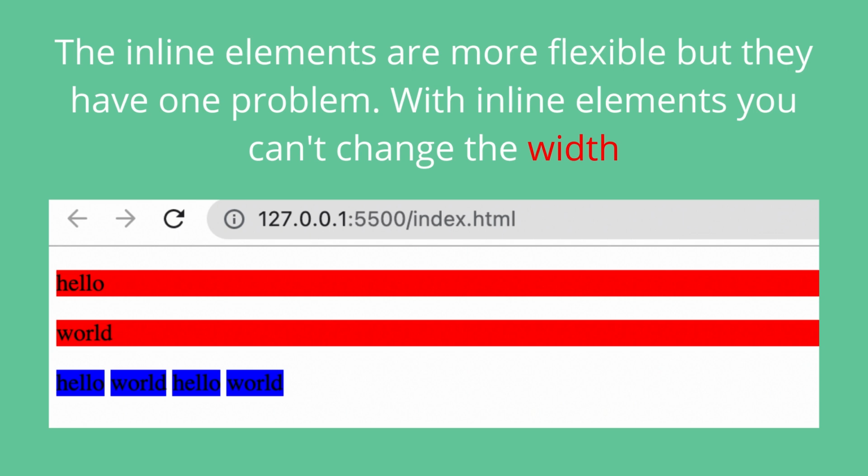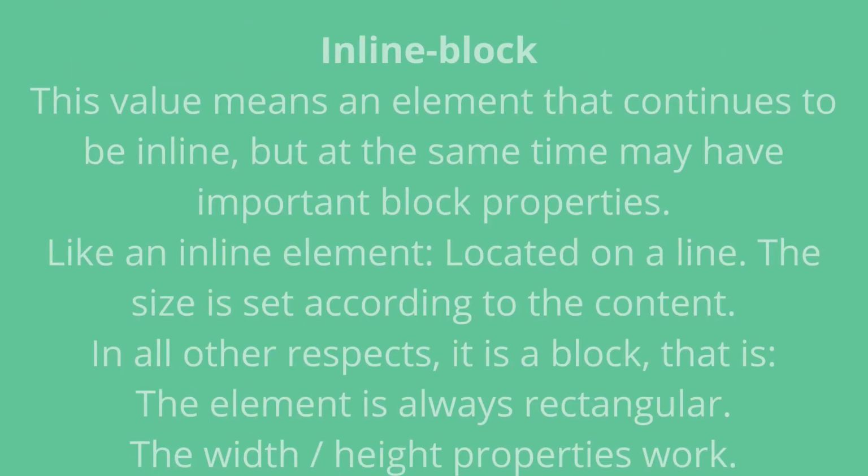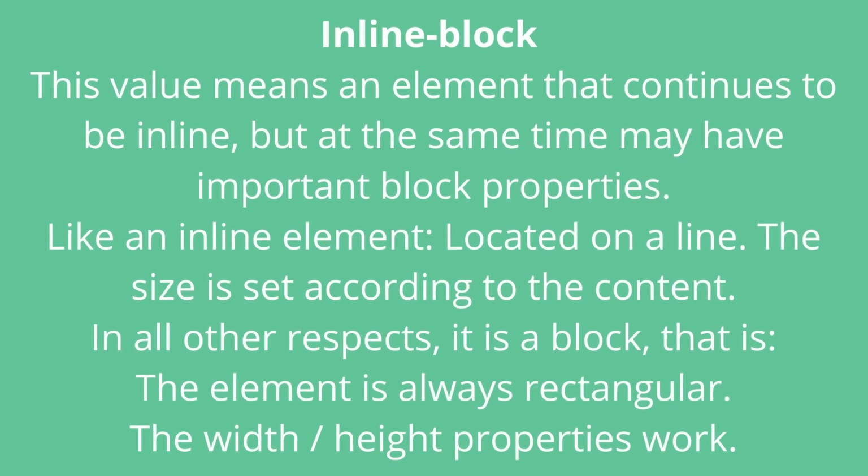So, what should we do if we wanted elements that can occupy the same line, but at the same time we can set their width? You can actually change the type of display, which is called inline block, and this kind of gives you the best of both worlds.